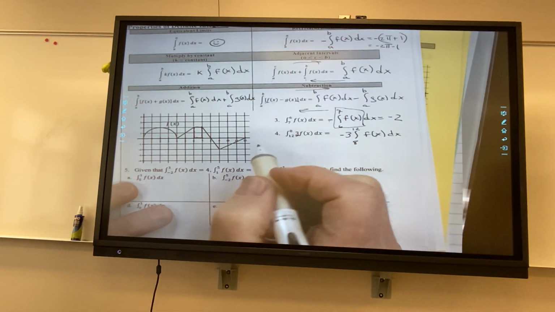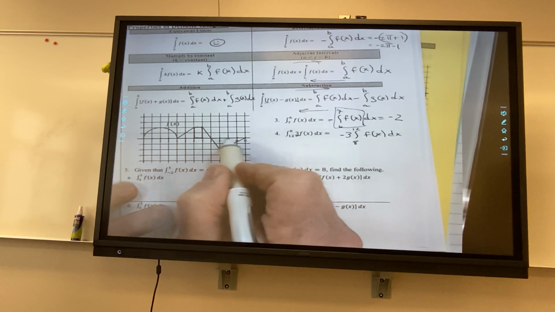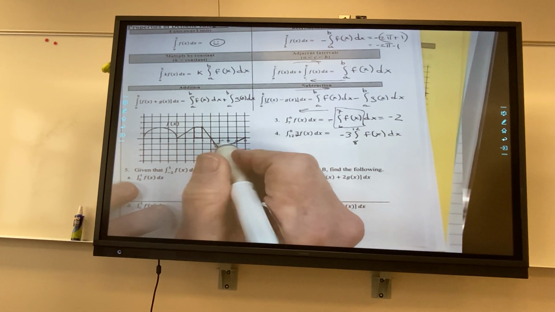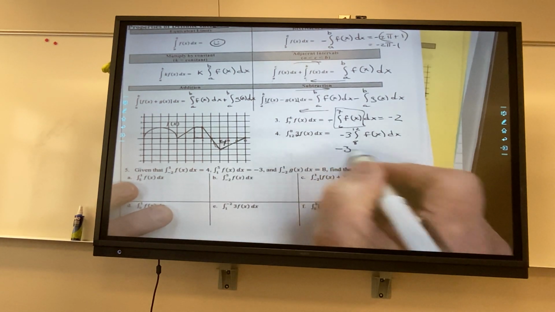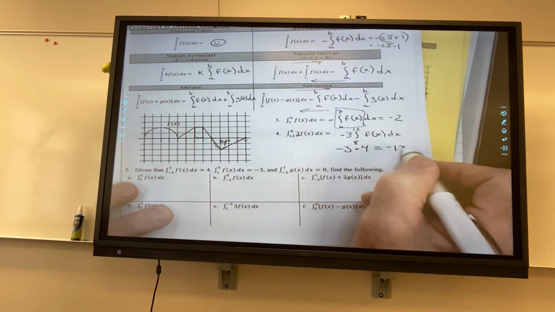Yeah. So if I look from 8 to 12, that's this area right here, correct? Mm-hmm. And I believe from before we figured that out to be 4. Am I right? Yeah. So I'm going to take that -3, I'm going to multiply by 4, and I'm going to get a -12 as my answer.